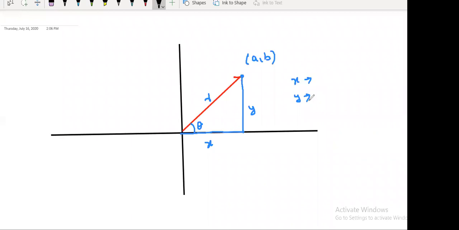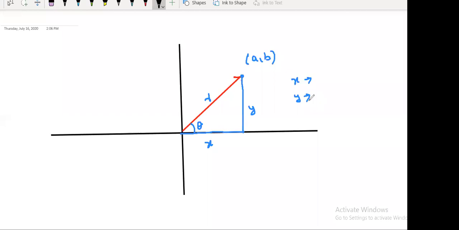Now, when you talk about vector, first thing, as you remember the definition of displacement, that path is irrelevant. A vector is only the straight line which joins initial point and final point. You don't have to worry that the path is circular or ellipse or anything. Displacement will always be the shortest path.